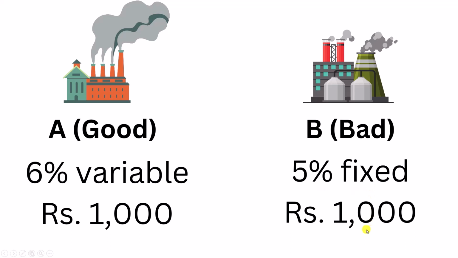Now how does this benefit B? Initially, it had to pay 6% interest rate and it was variable, meaning next year it may increase to 7%. We do not know. But now, since it has entered into a swap contract, it just needs to pay 5% fixed interest rate.